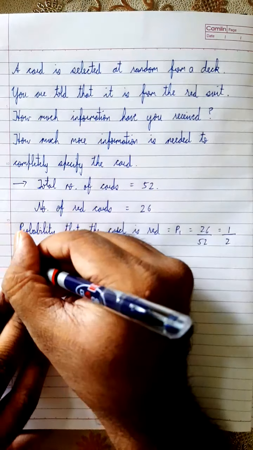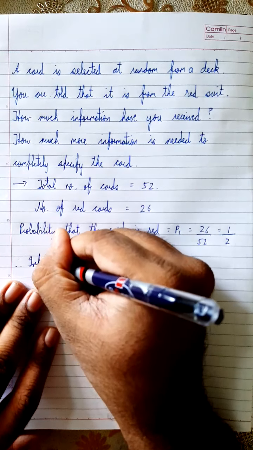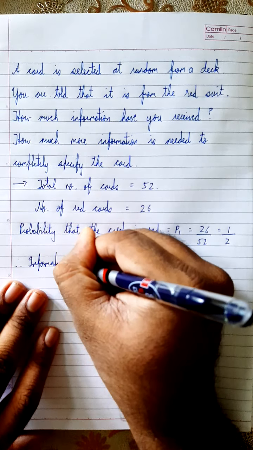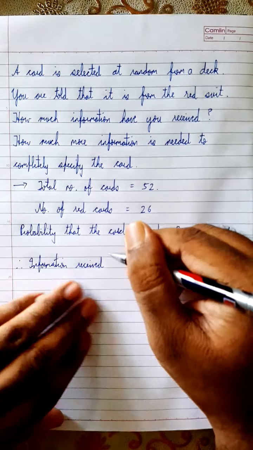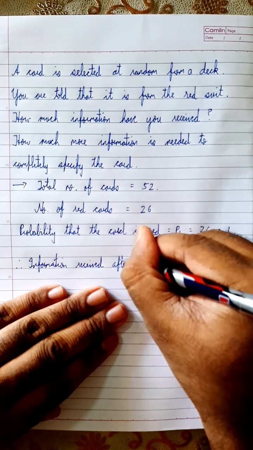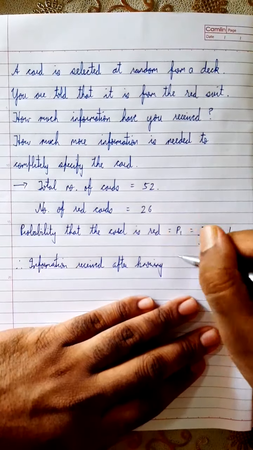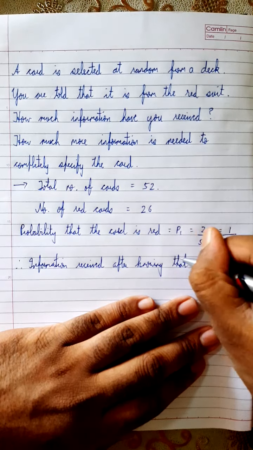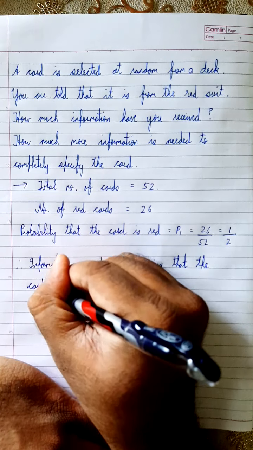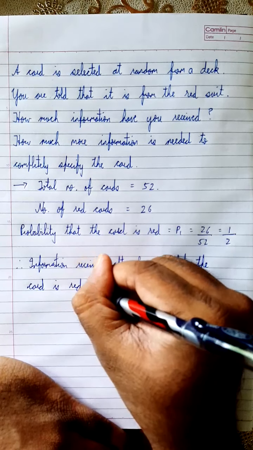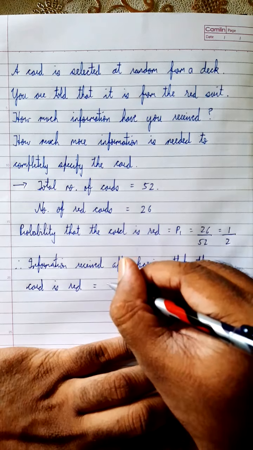Therefore, the information received after knowing that the card is red, let it be I1.